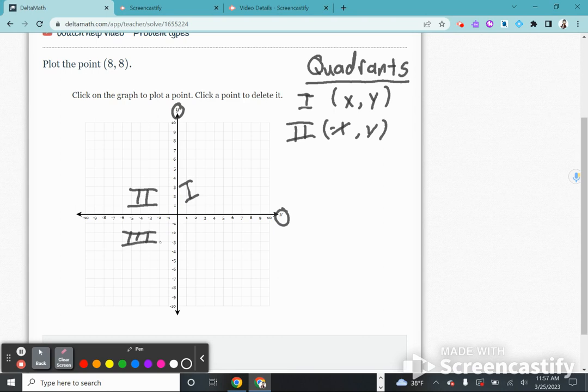If we move it down here to quadrant 3, that would mean that your x value is negative because we have to go to the left. And then also because we're going down, that means your y value is negative. So that would be a negative x and a negative y.